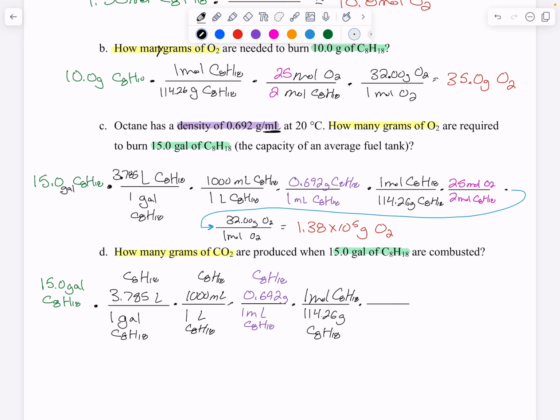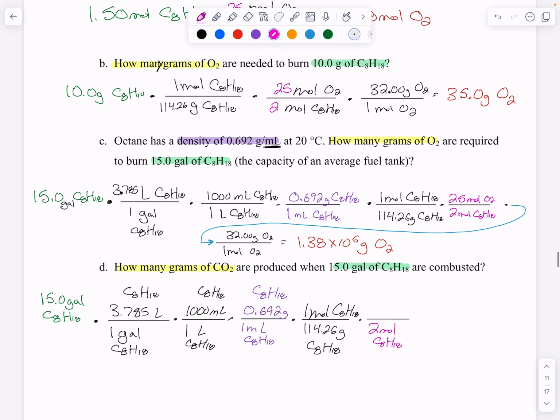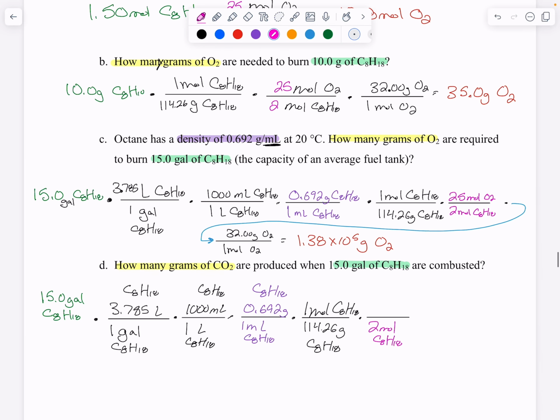And then we have your mole ratio. 2 moles of C8H18. But now carbon dioxide is 16. And then one more step.